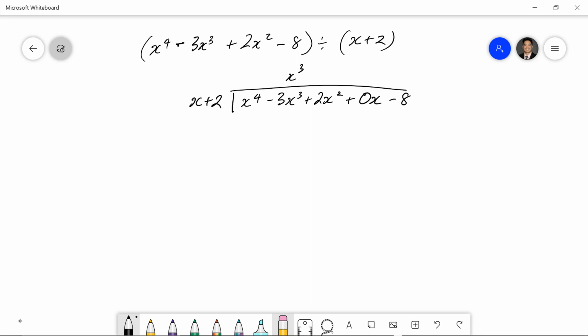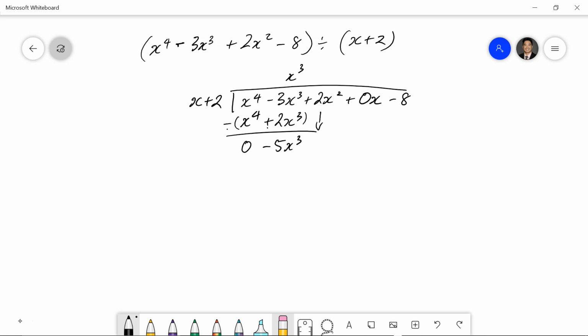And then re-multiply, so x cubed times x is x to the power 4, and then x cubed times 2 is 2x cubed. We subtract, and we'll have 0 minus 3x cubed, take away 2x cubed, because a negative times a positive is a negative, is minus 5x cubed.